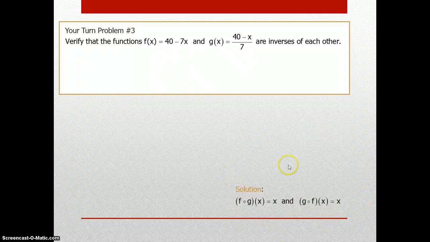Continue taking your notes. If you have a problem showing me this mathematically, pause the video, come and see me so we can go over this individually, okay? You need to know how to prove two functions are inverses of each other.